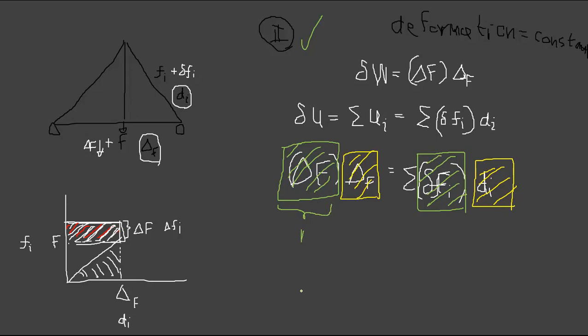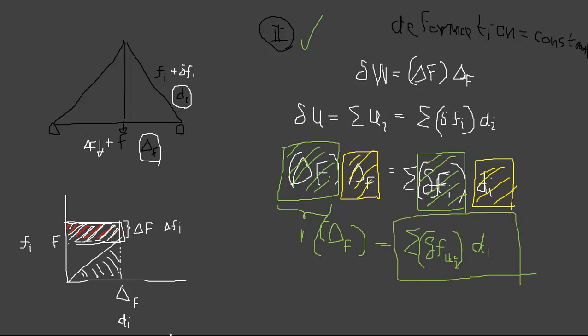You can apply a unit load, and then this will be the force additionally generated due to that unit load, right? Multiplied by, in the ith member, the original displacement due to the original force, right? So in this way, you can easily find the deflection at any given point.